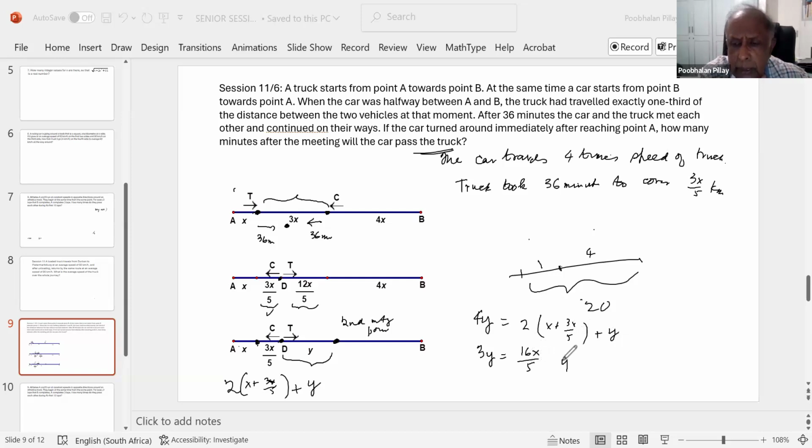So 3y is equal to that. So I'll have to divide by 3 on both sides. So y is 16x over 15. Okay. All right, so the question is now, after how many minutes after the meeting will the car pass the truck?